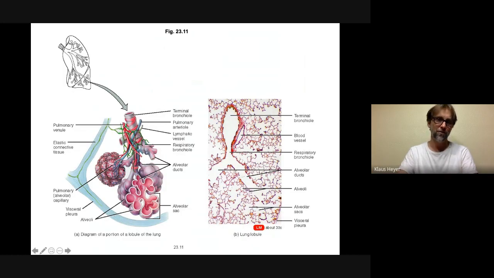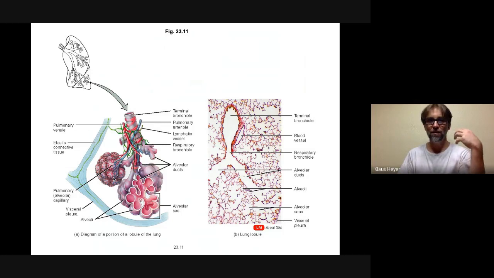Okay, here's the alveoli. So this is where gas exchange happens. This is the end of the line for oxygen. You're breathing in oxygen, through your mouth and nose. It keeps going down, through the bronchi, down to bronchioles, gets smaller and smaller.